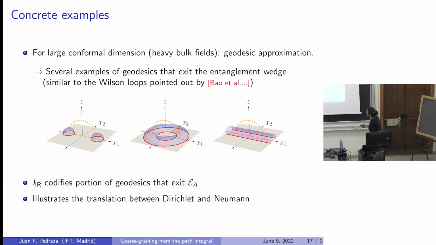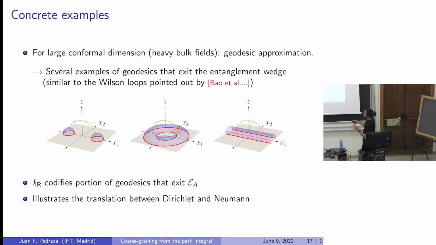Yeah. So another concrete example that we explored: when you take operators of large conformal dimension, then you can use the geodesic approximation. This is very similar to the Wilson loops that I was telling you about at the beginning, in the sense that there are several examples of geodesics that can also exit an entanglement wedge. I'm drawing three examples here.